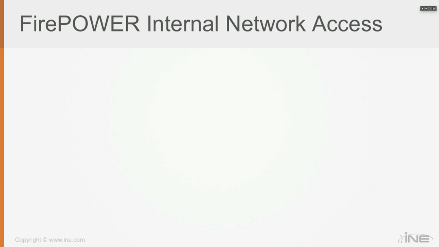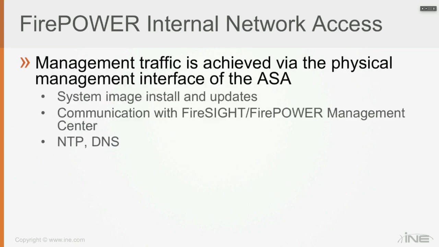Now let's talk about the first part, the internal network access, which we have to split into two different subjects. The management traffic is achieved via the physical management interface of the ASA. So what does management traffic mean? It means when you install a system image or when you perform any kind of updates.